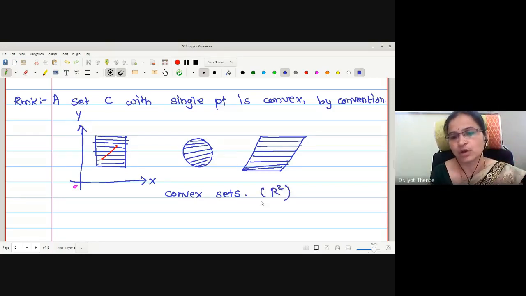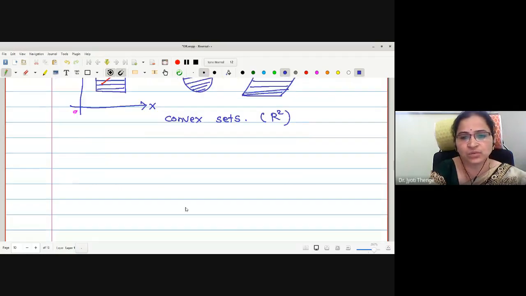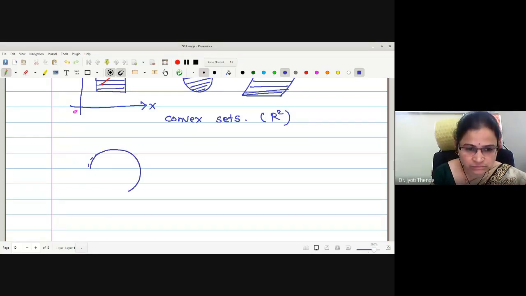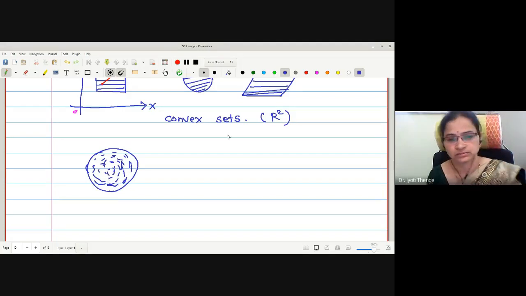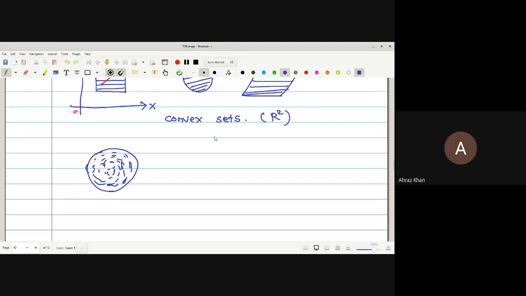What about in R3 now? If I consider the sphere, the whole sphere, filled with some material, will it be a convex set? Yes, it is.